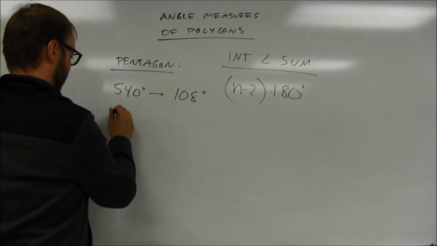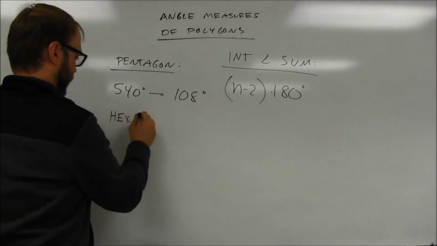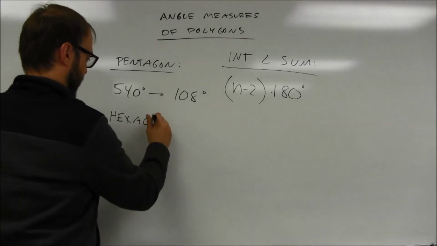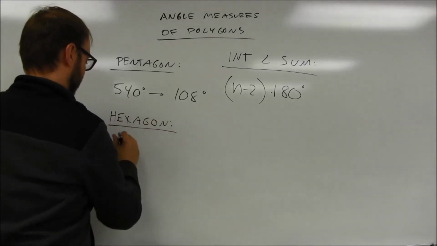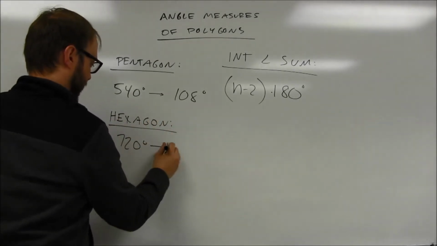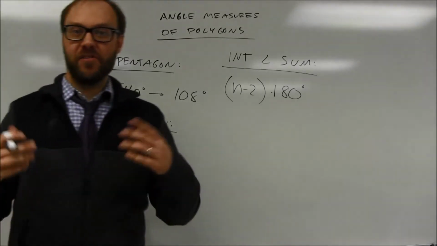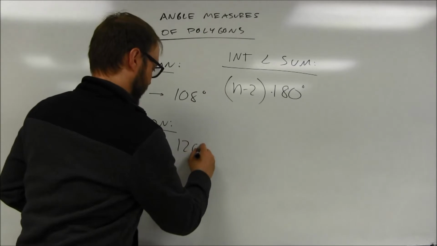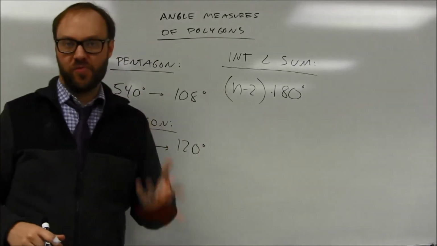Okay? A hexagon. We just saw that a hexagon has a 720 degree interior angle sum. 720 degrees divided by 6 angles tells you that the individual angle measures there are 120 degrees.